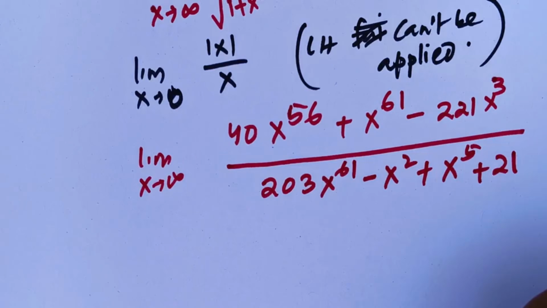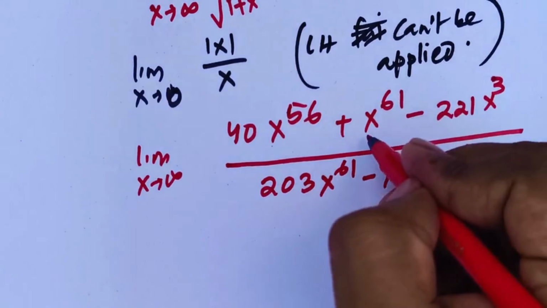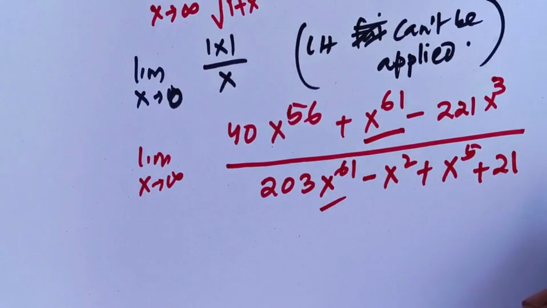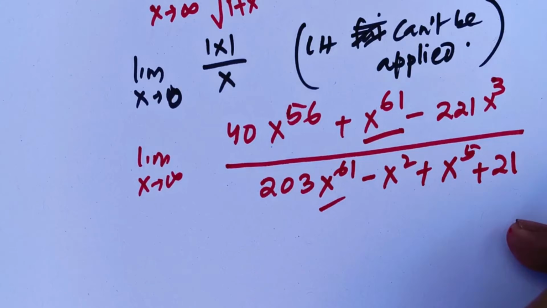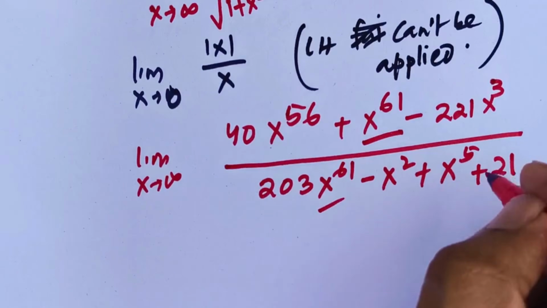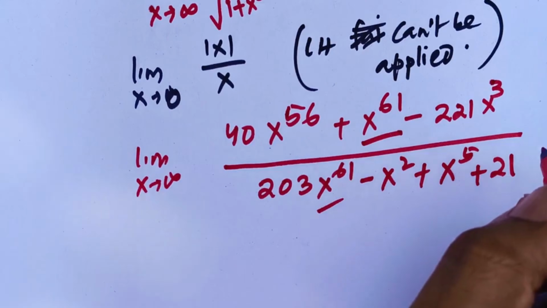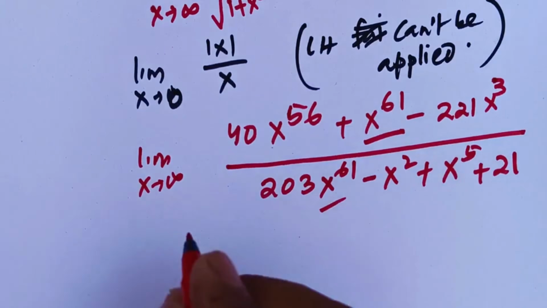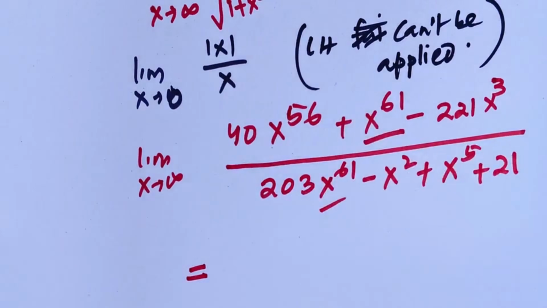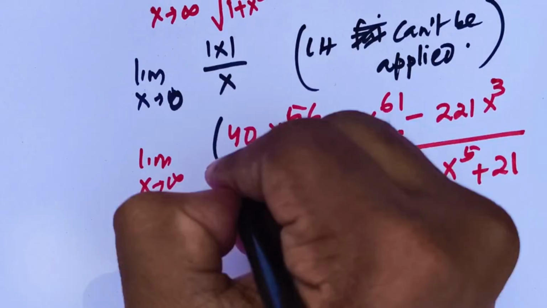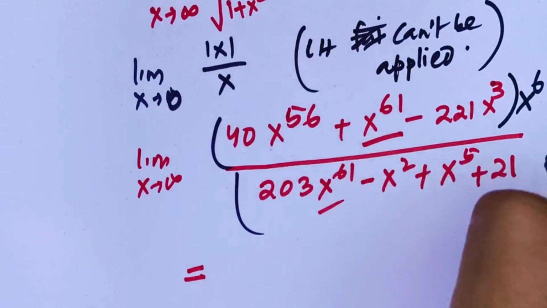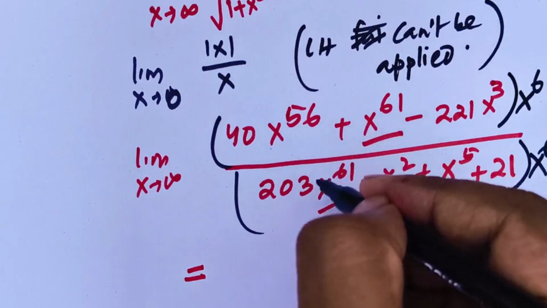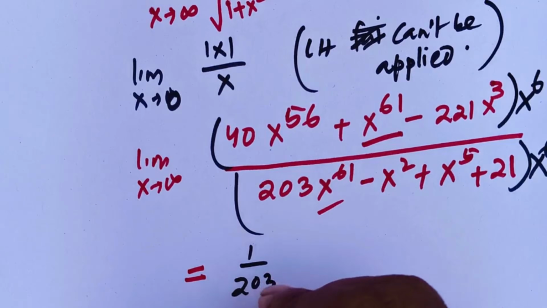Here the top and bottom go to infinity because the dominating terms are these, so your limit is in infinity over infinity form. But don't apply L'Hopital's rule, because you would have to apply it 61 times. You have the easy method: just divide top and bottom by x to the power 61. You will get that the answer is the ratio of the coefficients, which is 1 over 203.